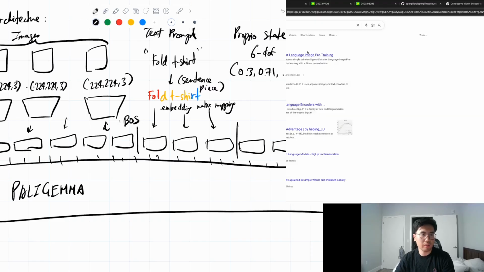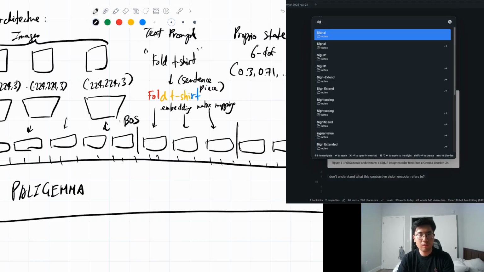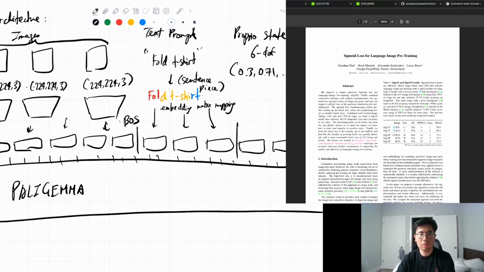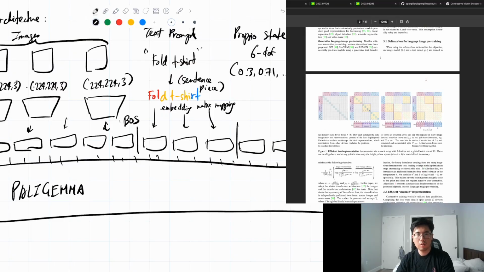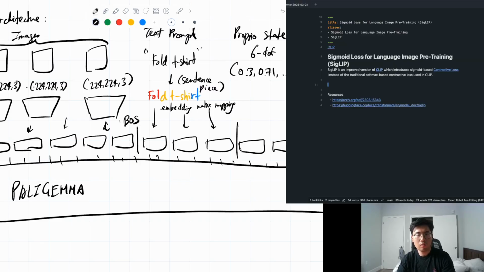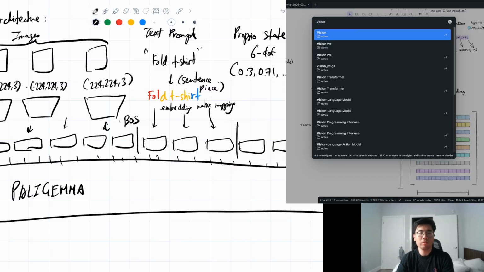We can quickly look at how SigLIP is implemented. It is implemented with a vision transformer, so I guess we need to understand how a vision transformer works.